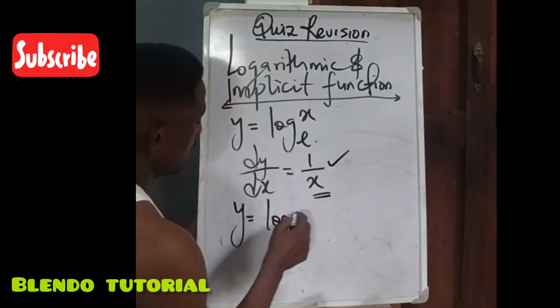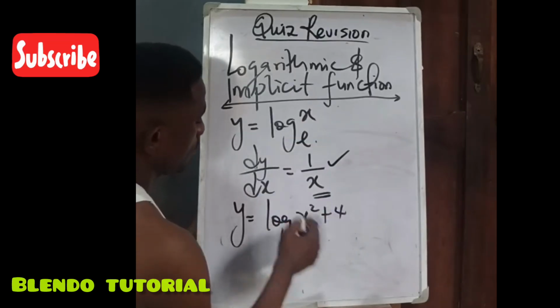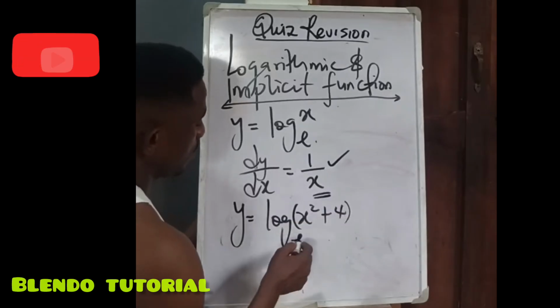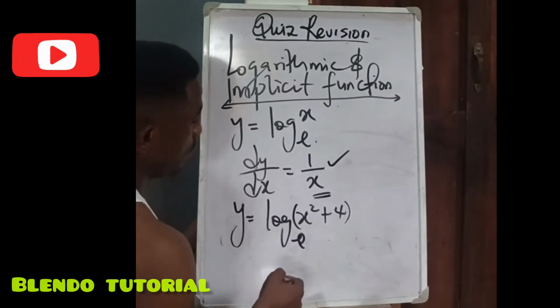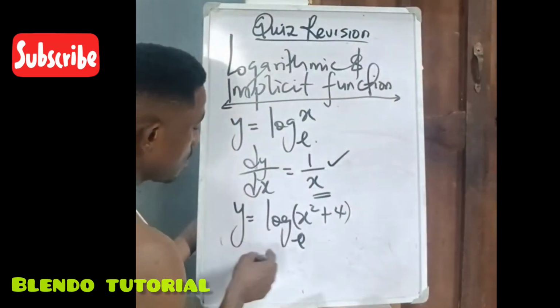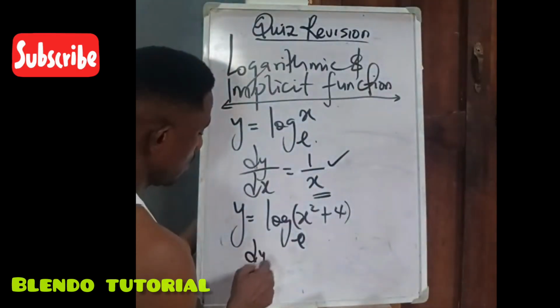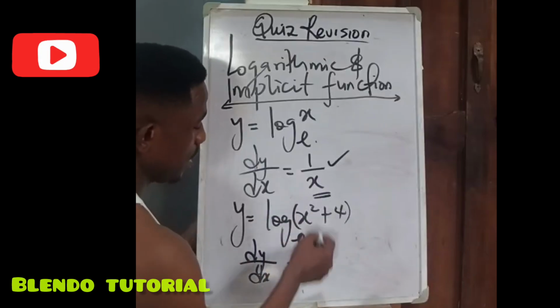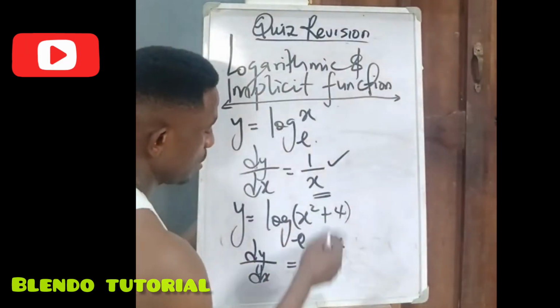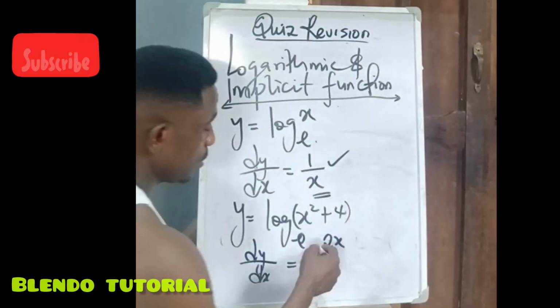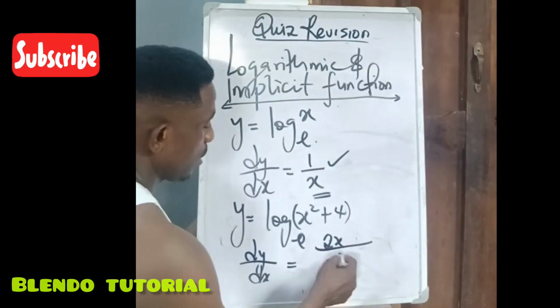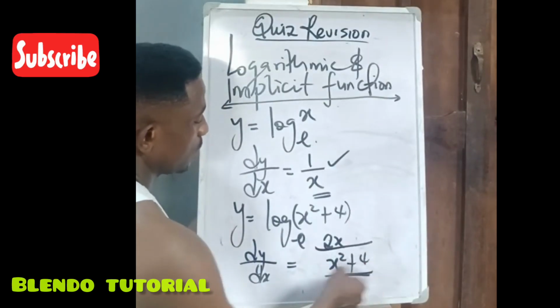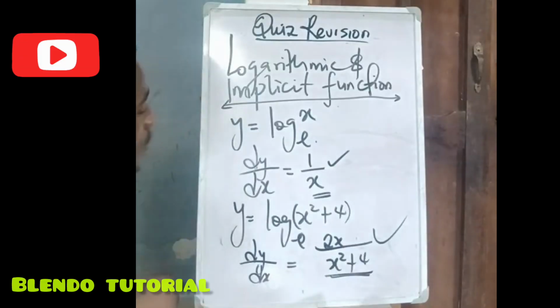Log of x squared plus 4 base e. If you differentiate it, you will have dy/dx as, if you differentiate x squared, you have 2x, put it at the numerator. Differentiate 4, you have 0, it's gone, all over x squared plus 4. And that is your answer.